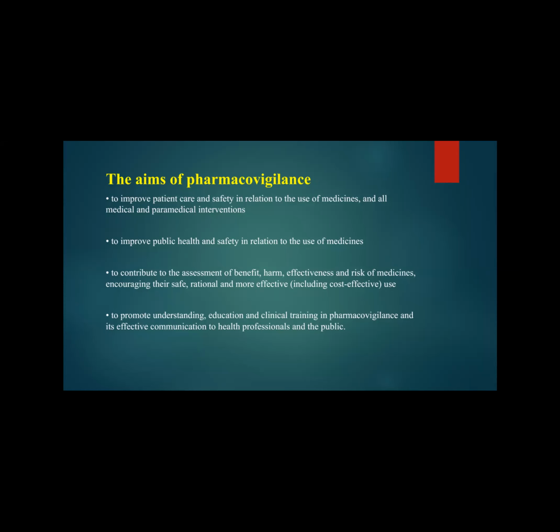The fourth point is to promote understanding, education, and clinical training in people. So basically, it says to spread awareness and educate people about adverse drug effects, adverse drug events, and the various follow-up reactions of a drug. So public awareness is done by educating people.